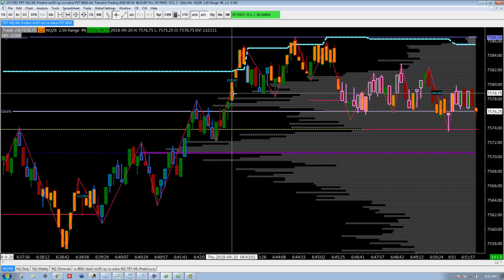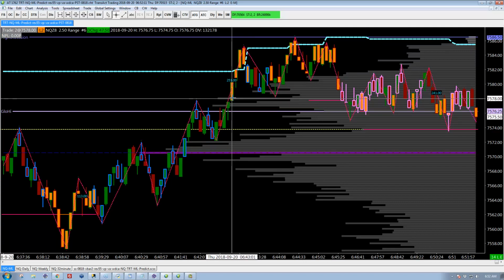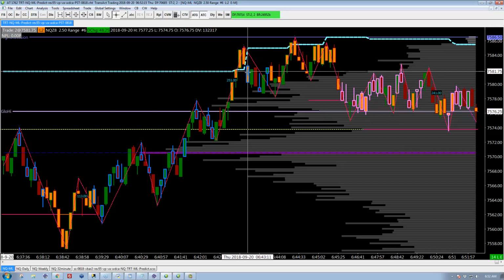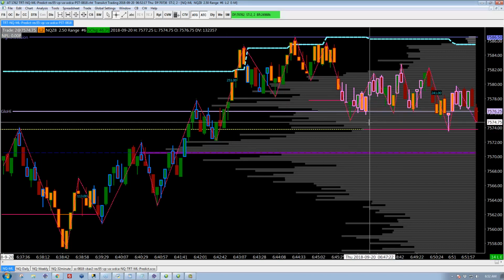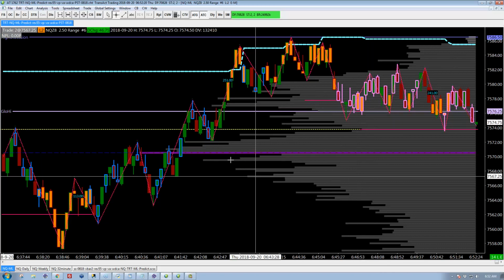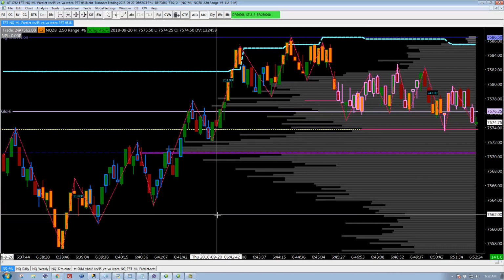Okay, so these are the sort of original price action patterns that I developed before I introduced the concept of volume profile to this.